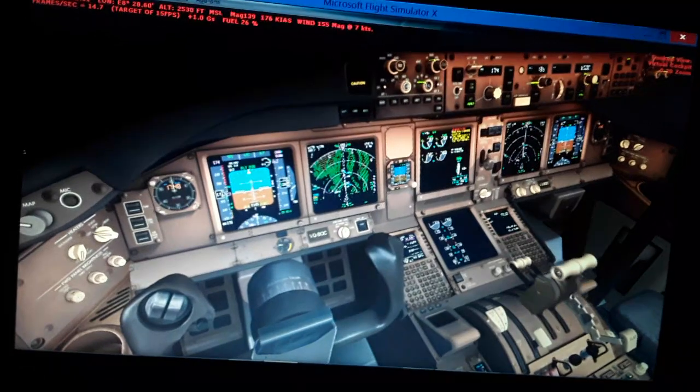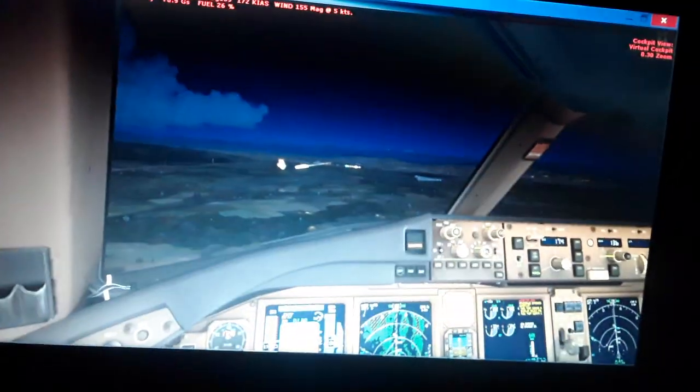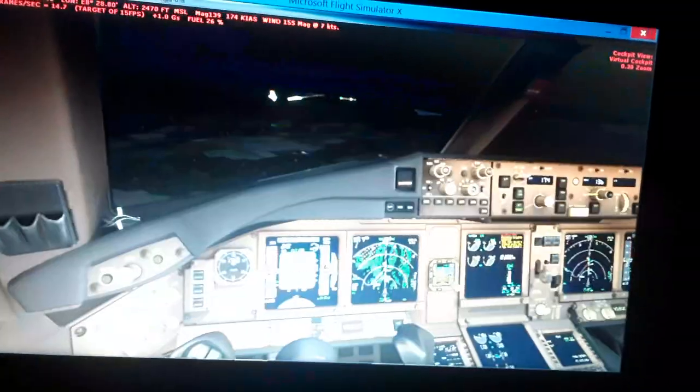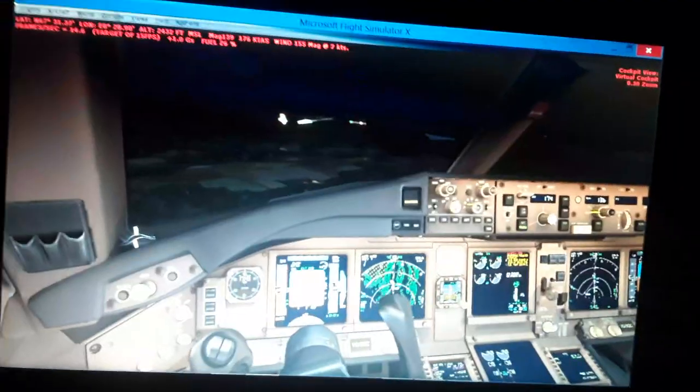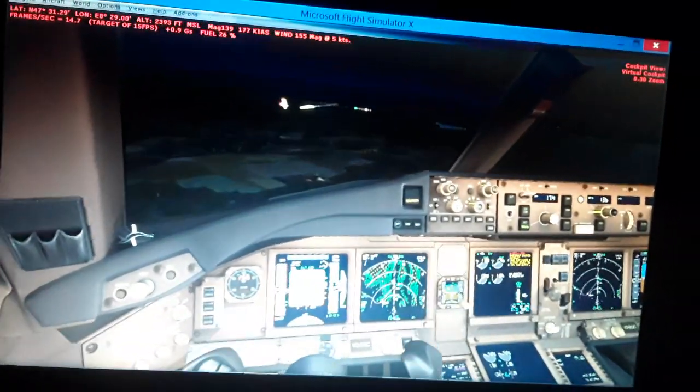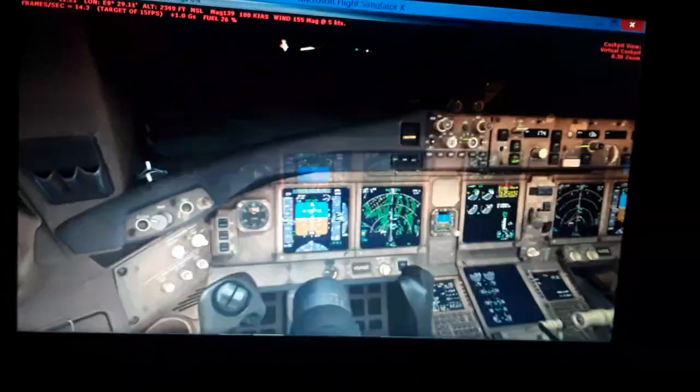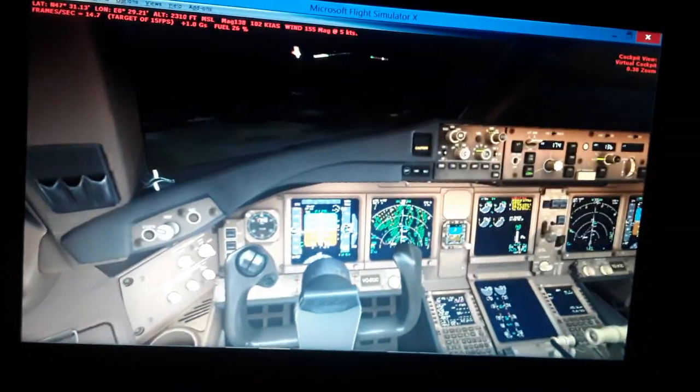Also use it a little bit more. And we have 2 more minutes to go for the runway. Keep going. Descending slightly.